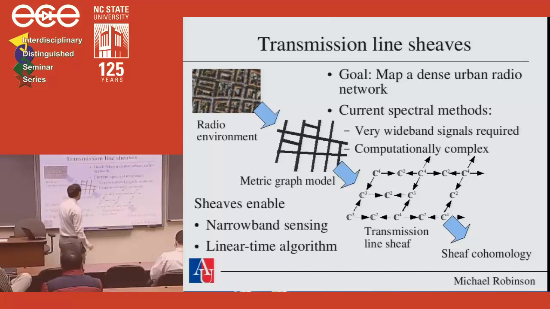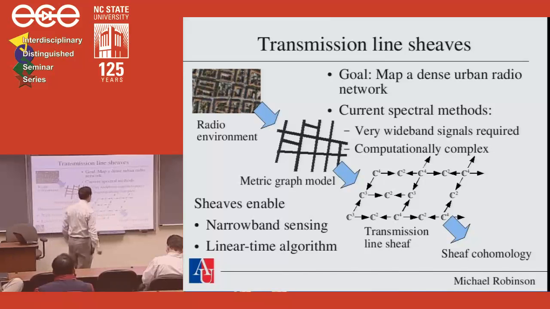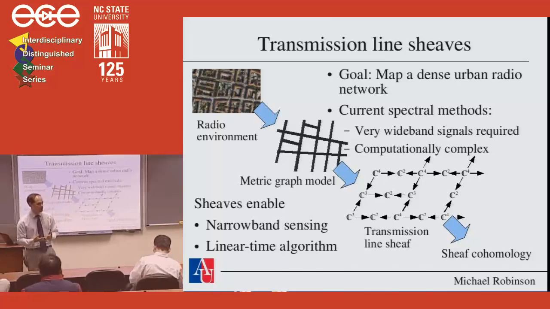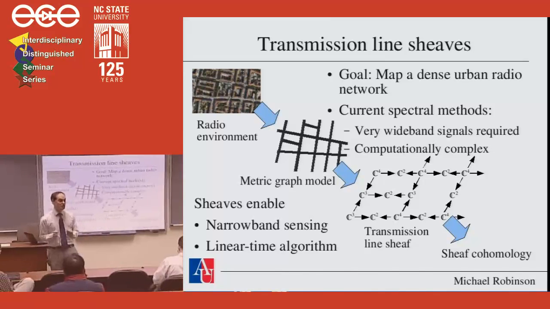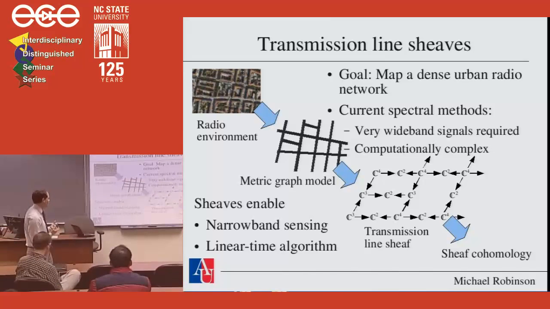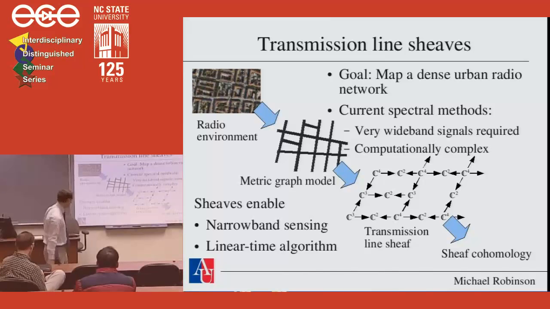And that, too, can be encoded. The measurements of the signal level that you're transmitting can be encoded in a sheaf. And when you extract some global information from that sheaf, it can tell you something about the kind of building network or collection of buildings that might be obstructing your system. So it has some implications for radiometric mapping of your environment, which is really important when you want to design these systems.